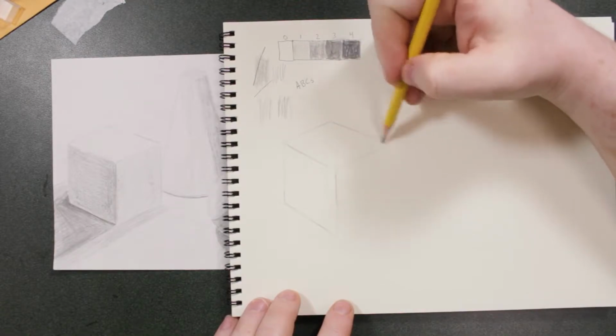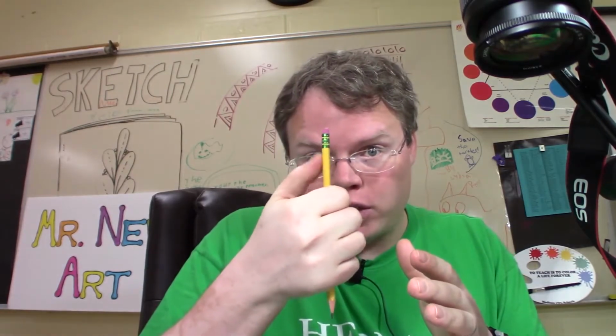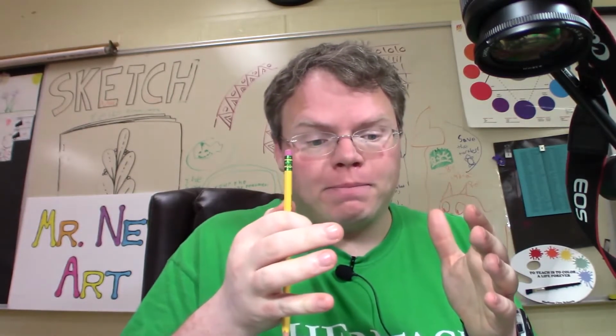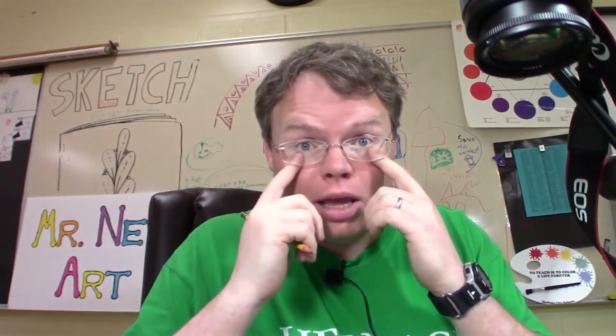And when you get really practiced at it, you learn how to just see the angles and the measurements. But I've been drawing and painting and sculpting and creating artwork for about 20 years, and I still need to measure. You really got to be good to be able to see it without measuring.